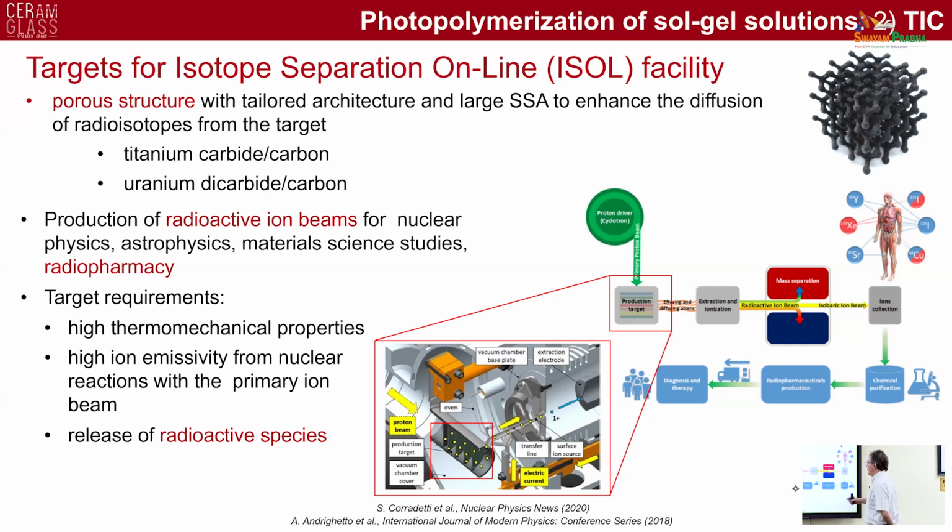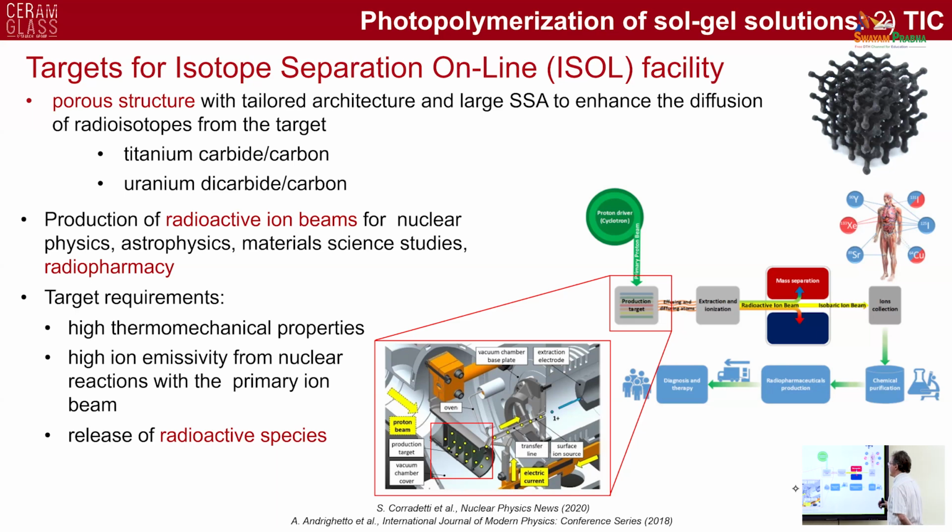You ionize them, and then you separate them by mass, and in this way you can obtain a single type of radioactive beam. And then with the radioactive beam, you can do radiopharmaceuticals production for diagnosis and therapy, or you can simply do nuclear physics studies.